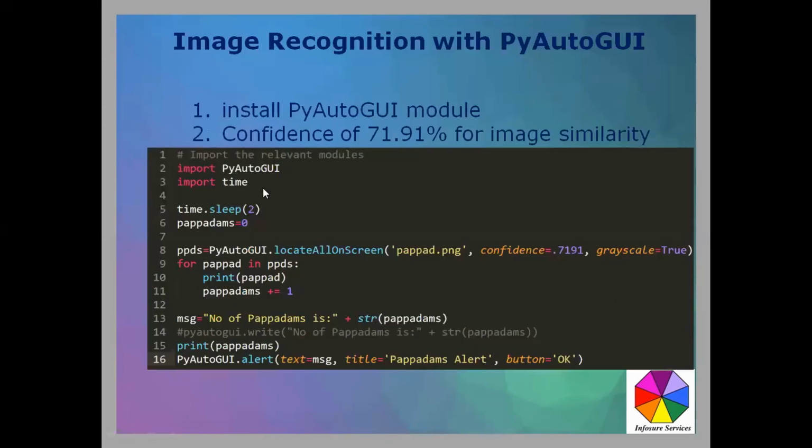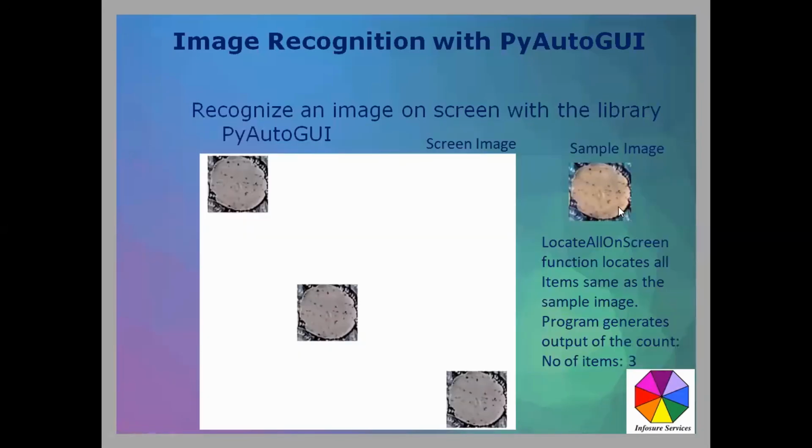Okay, so that's what this code does, for which you install PyAutoGUI. The target image can be slightly different. This is a real image of what at home we make, dried papadums. Okay, and that is what this image actually is, and my target photo can be in a certain shape.